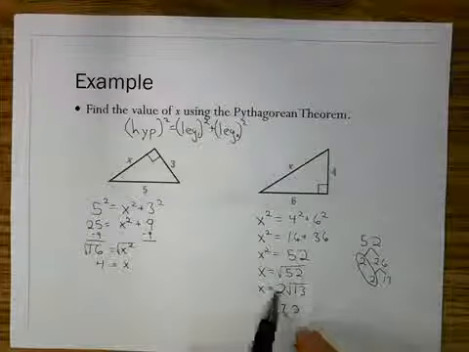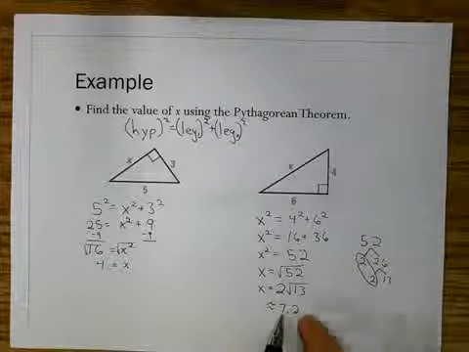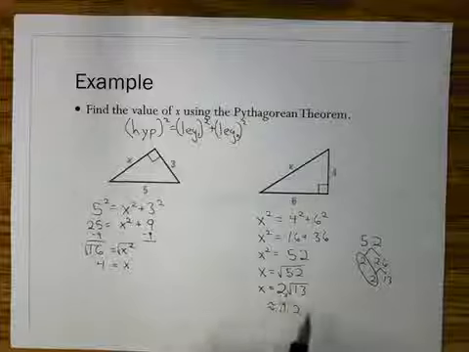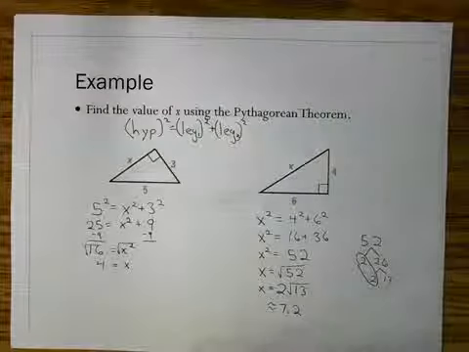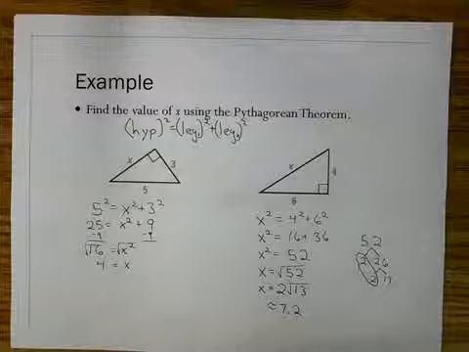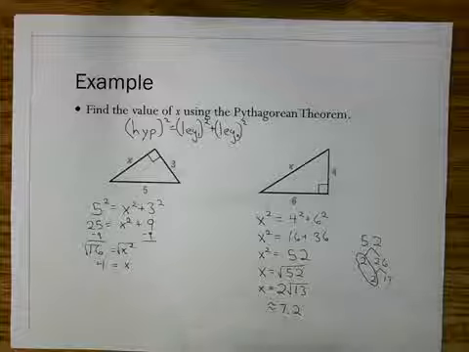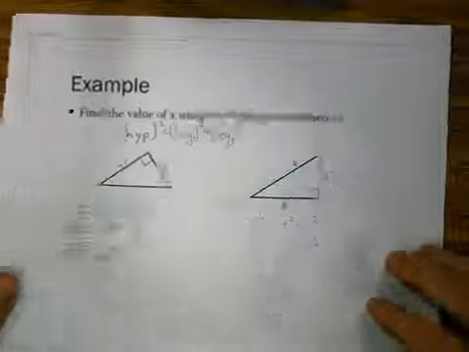Also, we're going to usually leave it in simplified radical form. We're not going to have to worry about the decimals. You may have the occasional homework problem that wants the decimals, but we're going to want to just leave it in simplified radical form. It's nice if we can check with the calculator just to get an idea of what 2 radical 13 is, because sometimes it's tough with those radicals, but leave it in simplified radical form and you'll be fine. So let's look at a couple more examples here.